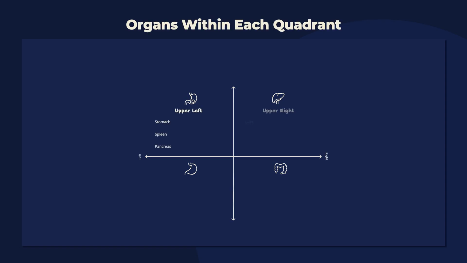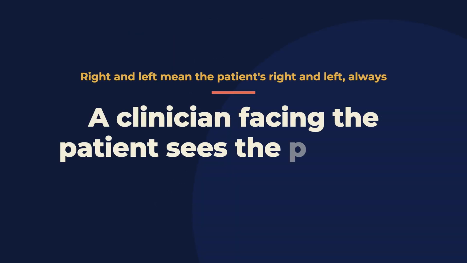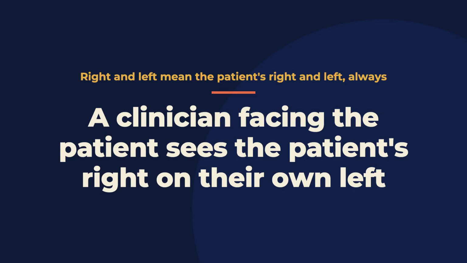Each quadrant has a signature set of organs. The right upper quadrant houses the liver and gallbladder. The left upper holds the stomach and spleen. The right lower contains the appendix and cecum, and the left lower carries the sigmoid colon. One rule overrides everything. Right and left always refer to the patient's own right and left, never the observer's.